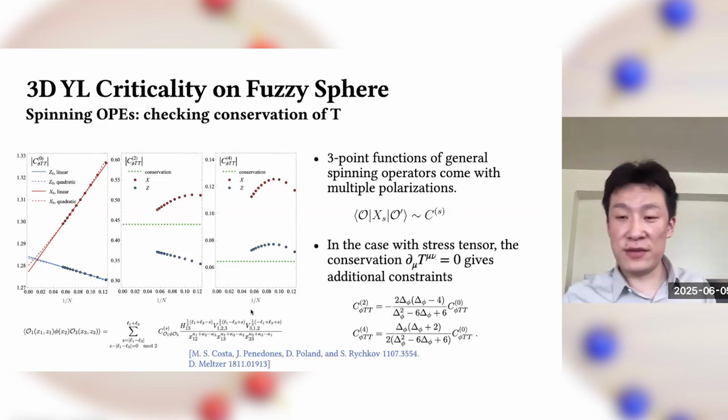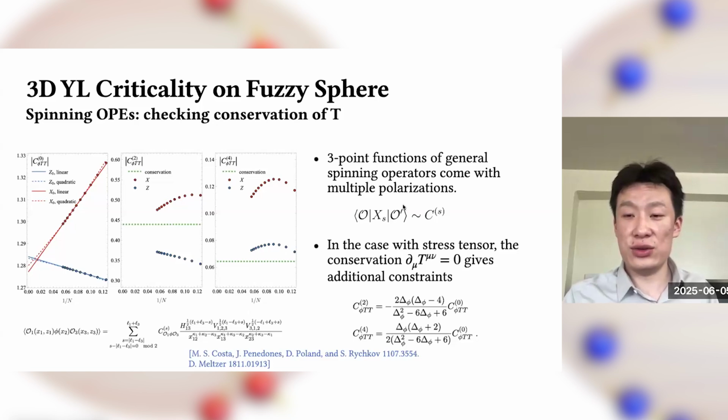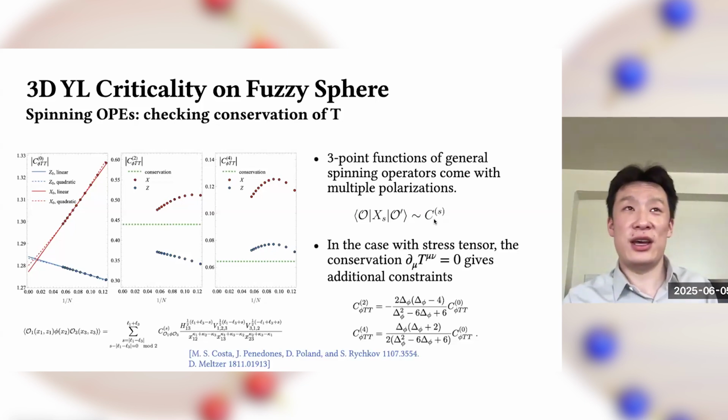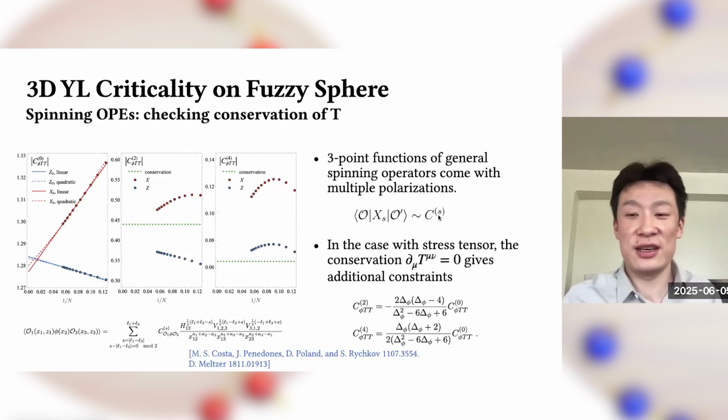If you wrap the fuzzy sphere operators using different spherical harmonic basis, you actually get access to different polarizations, and it's a very nice exercise to work out the exact correspondence between these 3-point functions and the matrix elements in generic CFTs.